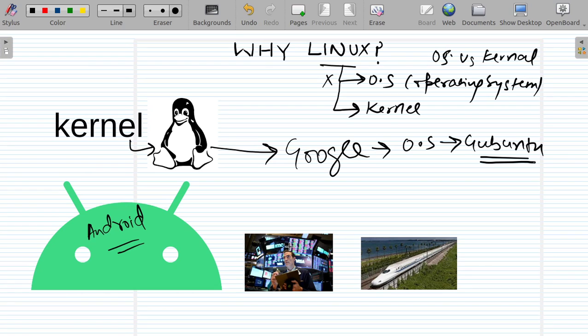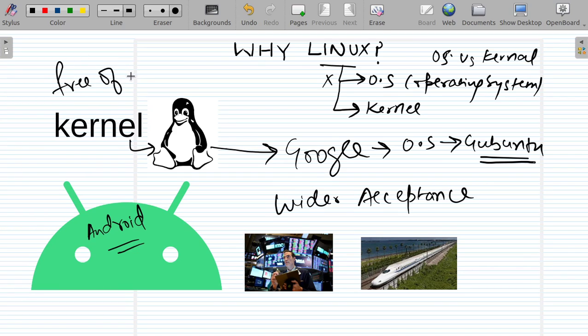The big reason behind its wider acceptance is that Linux comes free of cost under the GNU license. Yes, the Linux kernel is available for free, and yet it is also open source.